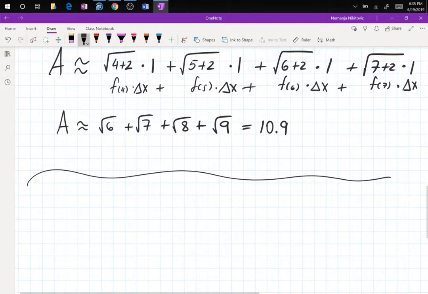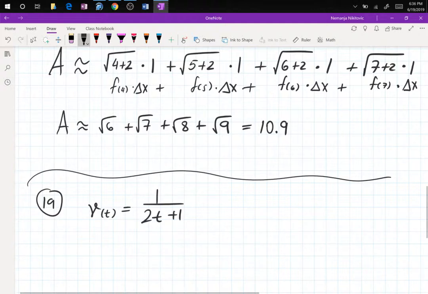Here is problem 19 from the textbook. Instead of using x and f and y, they are using t and v, and I picked it for a reason. So v as a function of t is equal to 1 over 2t plus 1. That's your function.